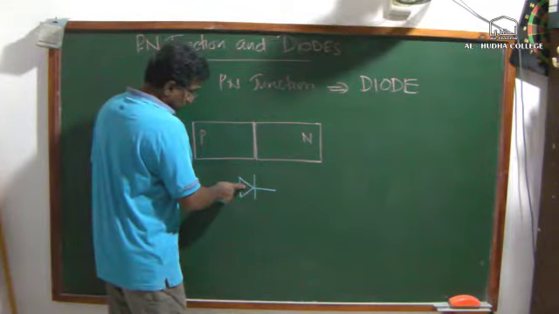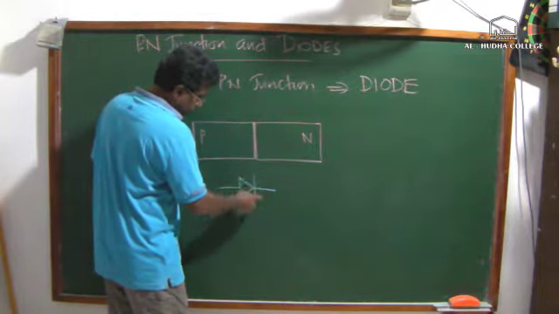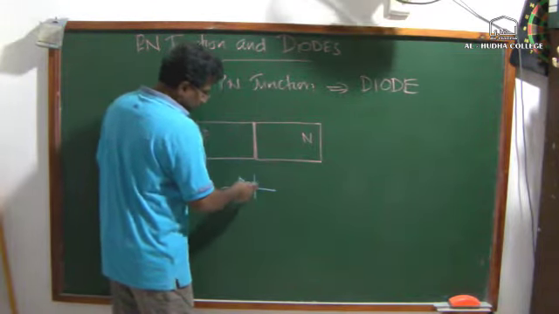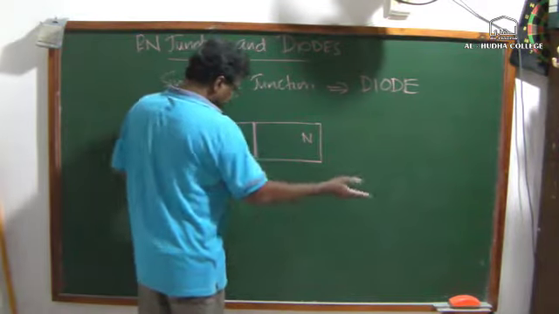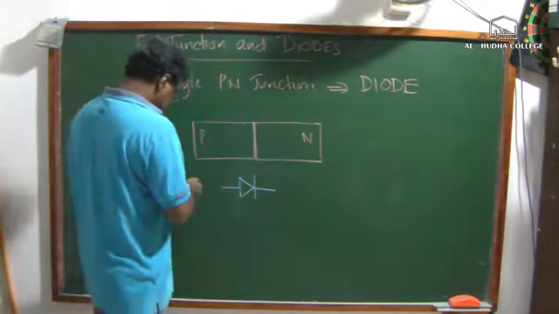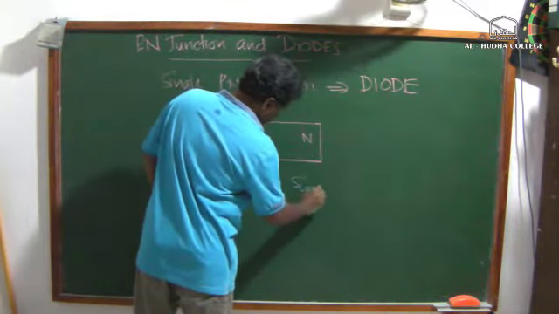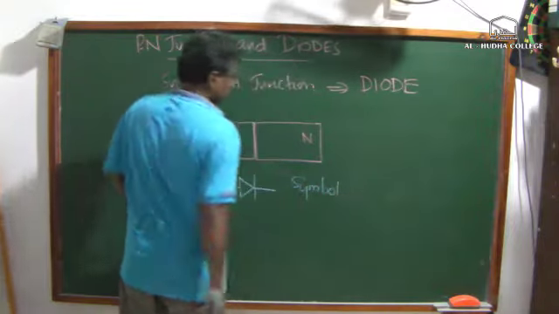The arrow side represents P-type, and this straight line represents the N-type. So I will now explain how it happens. So this is the circuit symbol.